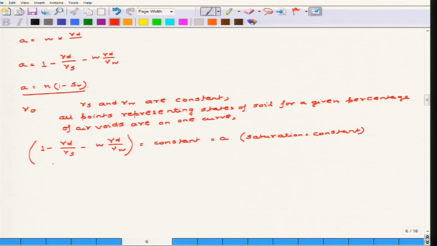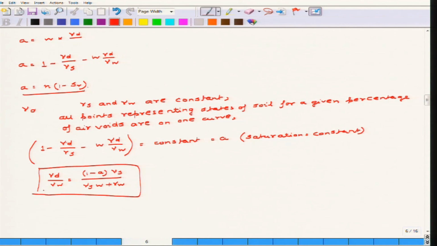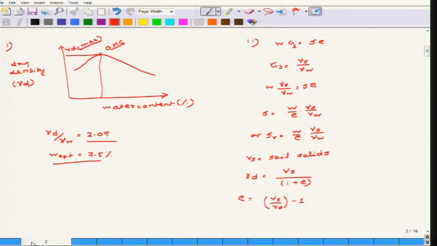So, we can write this as gamma d by gamma w equal to (1 minus A) into gamma s divided by (gamma s into w by gamma w plus gamma w). Now, this is a curve which is called the saturation constant curve, as already discussed in the slides.